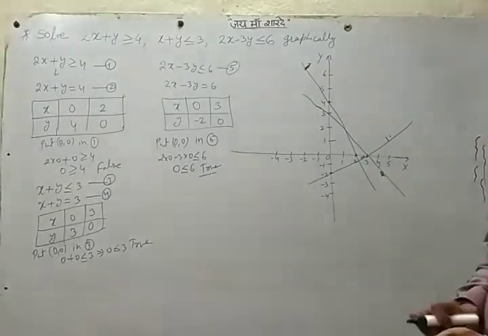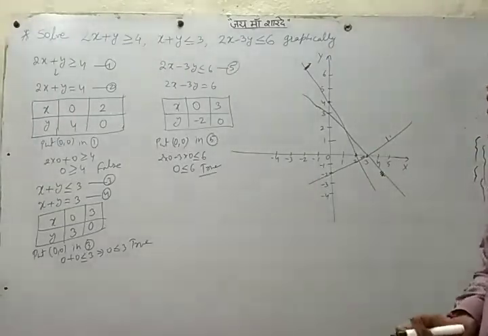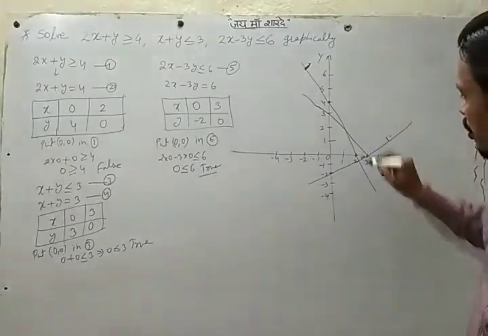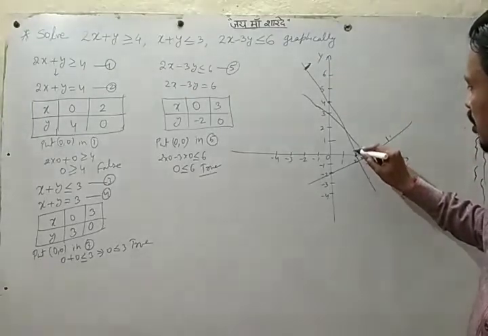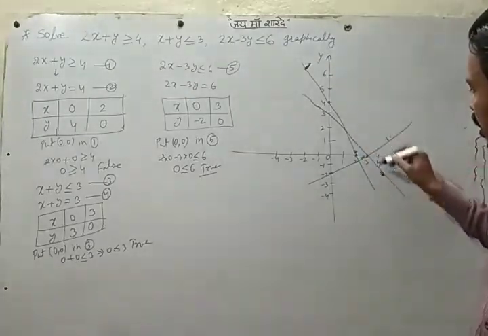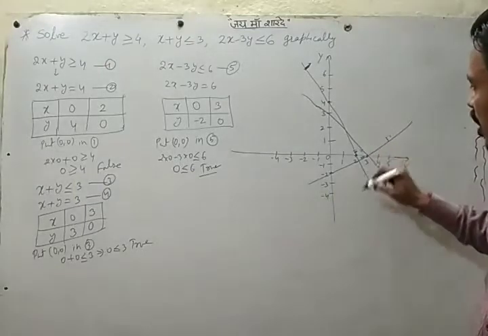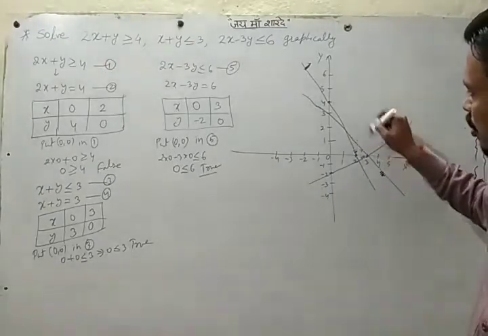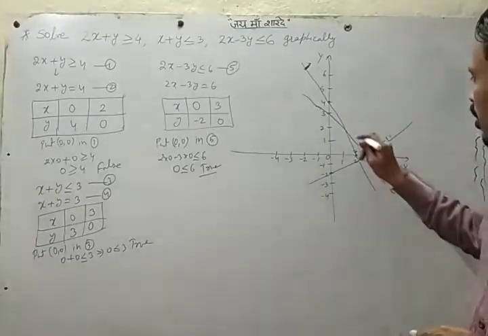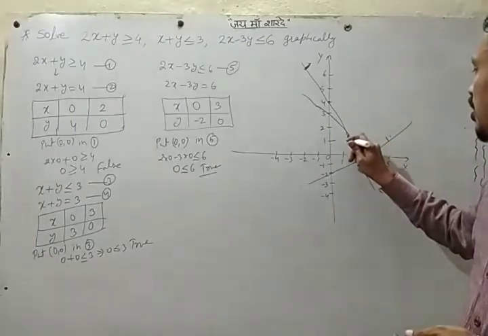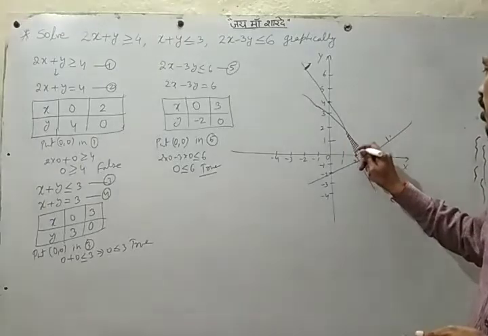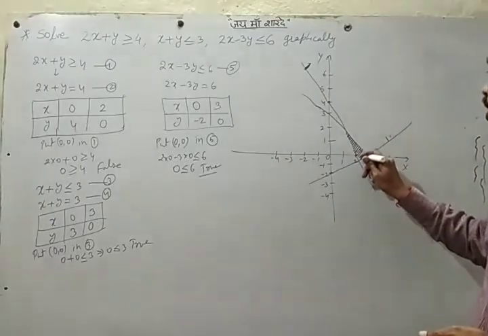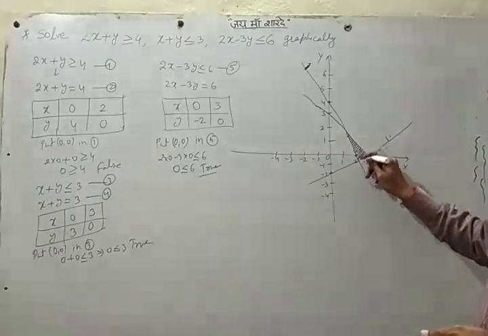Now what is the common solution? Here we have above this, here we have below this, and here we have this side above this. So the common part in all these three shaded regions is over this.